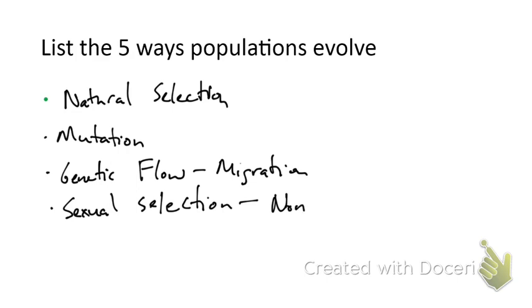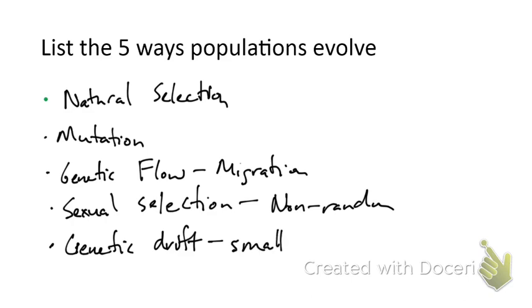And the last way is genetic drift. Genetic drift, remember, always starts with a small population, and there are two types: the founder's effect, as well as the bottleneck effect.